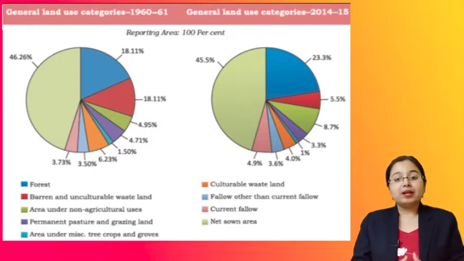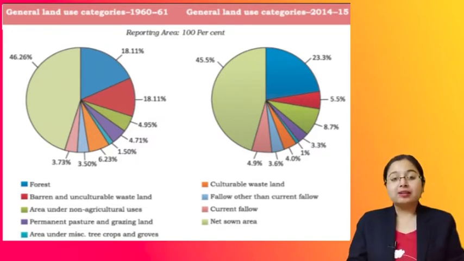Next, we have permanent pasture and grazing land. In 1960-61 the percent of permanent pasture and grazing land was 4.71%, and in 2014-15 it decreased to 3.3%. Next, we have area under miscellaneous tree crops and groves.